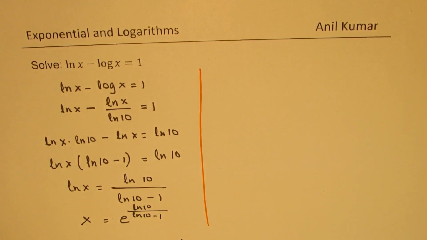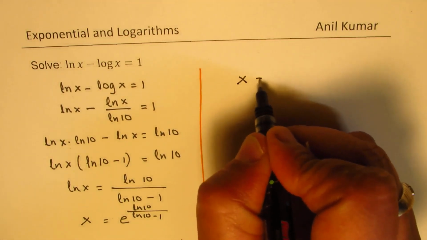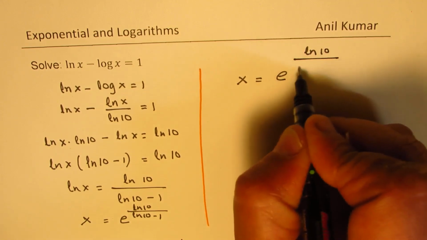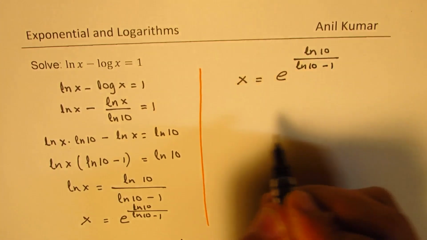Now let's also find an approximate answer for this. We get x equals e to the power of ln 10 over (ln 10 minus 1), right?